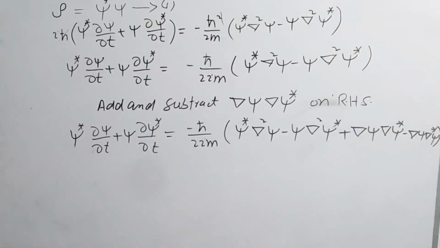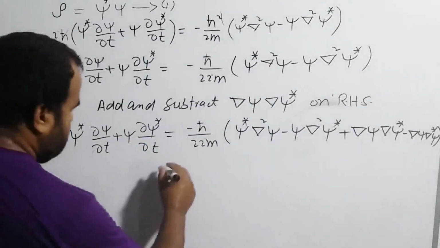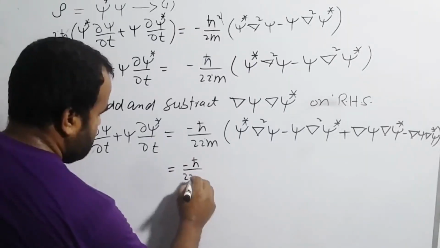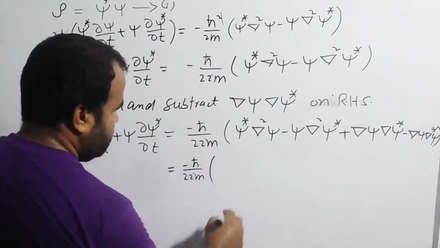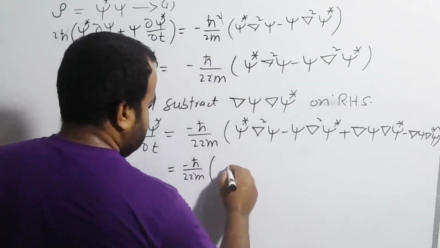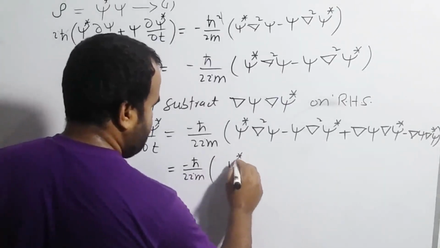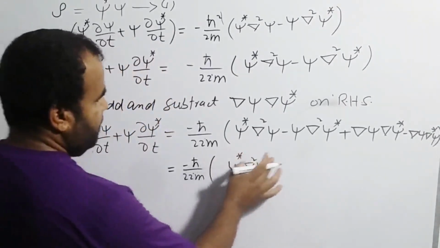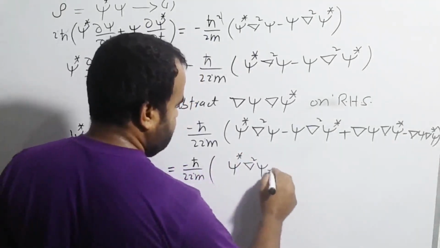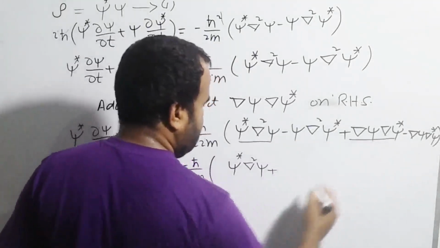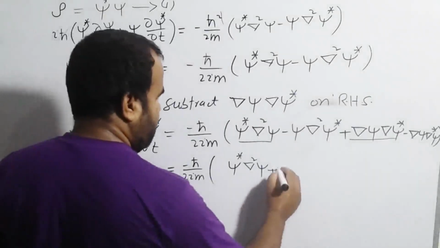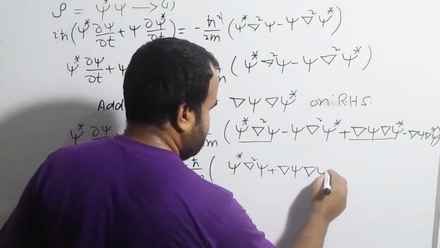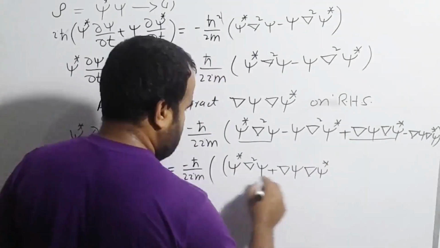Which is equal to minus h cut divided by 2 iota m into psi star del square psi. This term and this positive term, these two terms we will write first, del psi and del psi star.